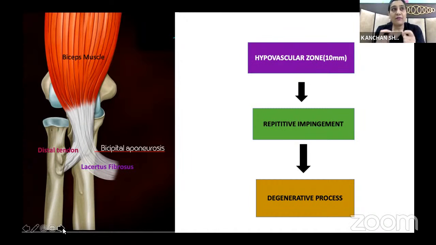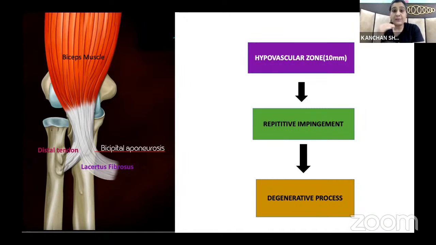Okay, so see, this tendon has a hypovascular area which is approximately 10 millimeters above its insertion. What I was telling you, a patient who is repeatedly involved in pronation activity, what happens? You have impingement of this tendon.